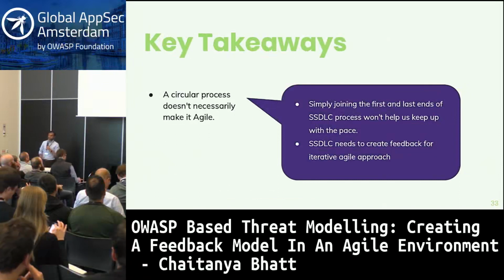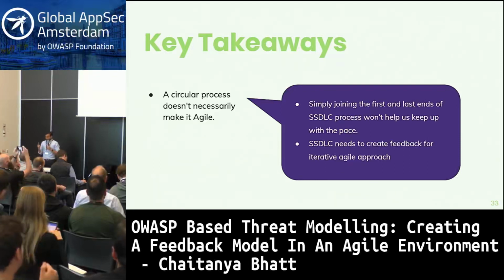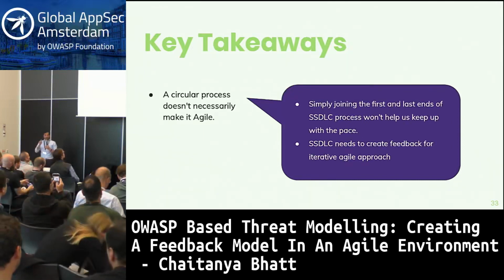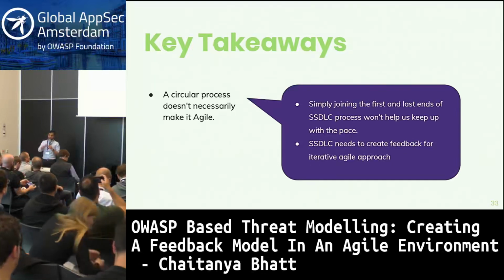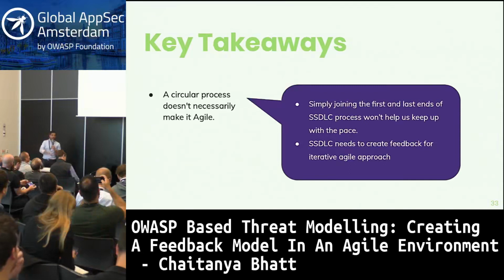So with that, I know there was a lot of information, but I'll quickly summarize it with 4 key takeaways from this session. First, a circular process doesn't make things agile. You have to always make sure smaller iterations are created within your process in order to truly blend into your SSDLC process.